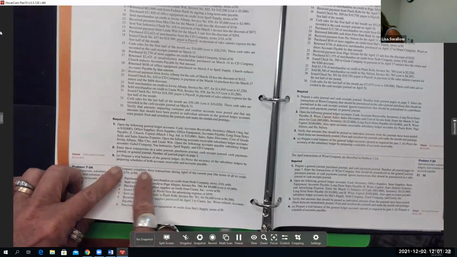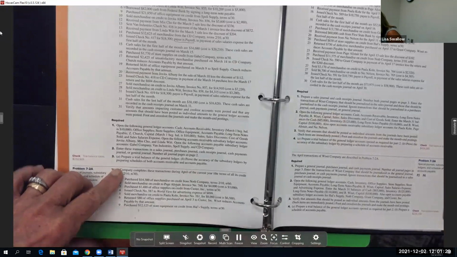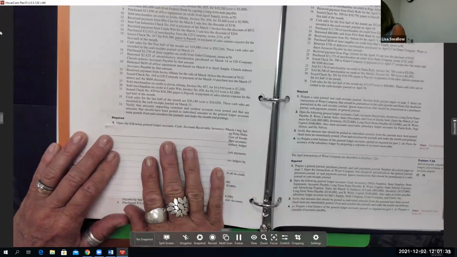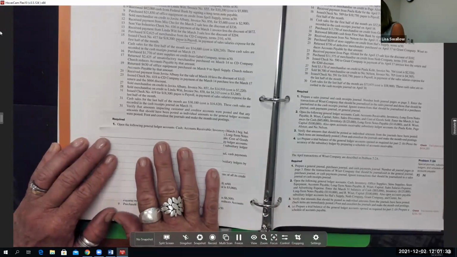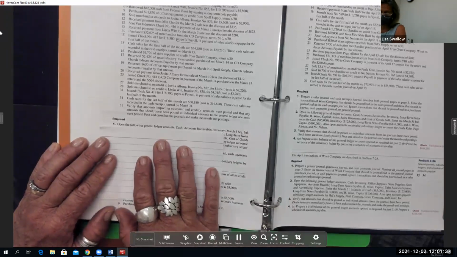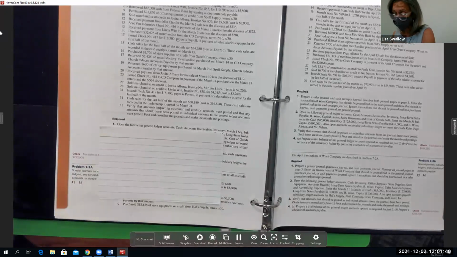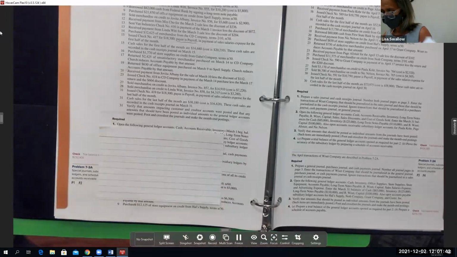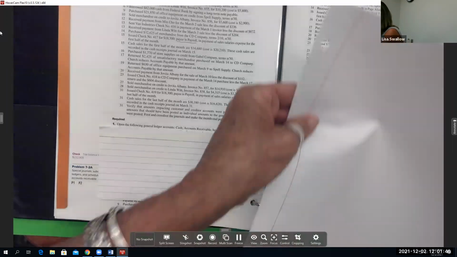Where did they give us? Okay, here we are now on this. Open the following general ledger accounts, and we're just going to use T accounts. So yes, we need a whole other piece of paper. And we are doing just what they're asking us to on page 280, number 1.